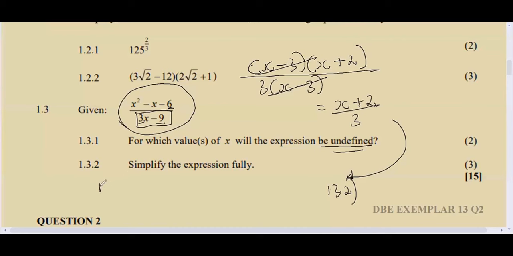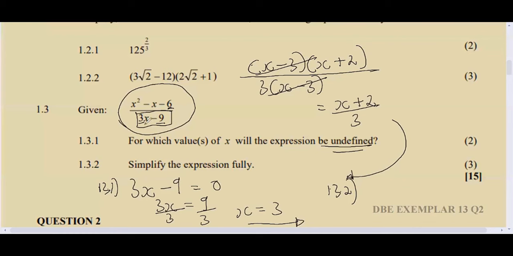So what do I mean by that? For 1.3.1, this is what I will simply do. 3x minus 9 is equal to 0. Then I will end up with 3x is equal to 9. Divide both sides by 3, and then x is equal to 3.